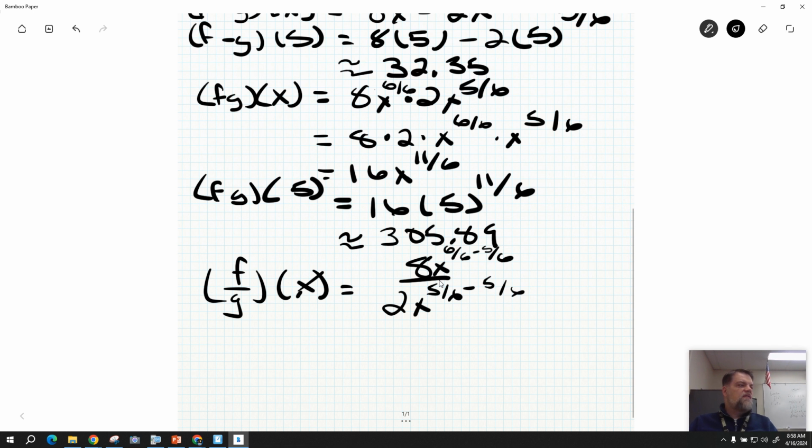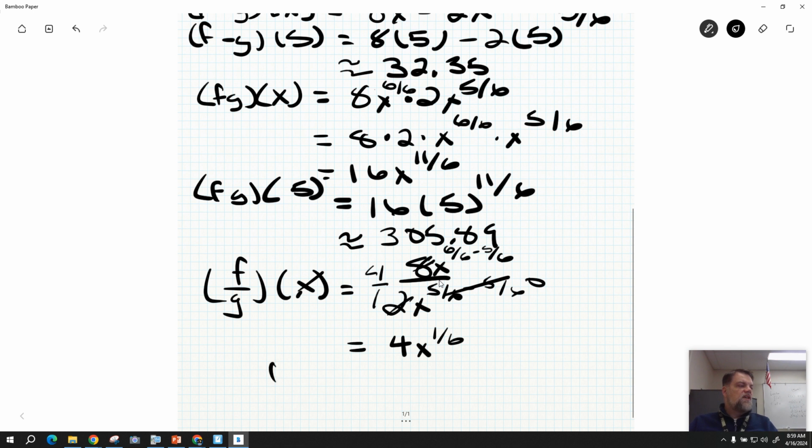Also, what's 8 divided by 2? 4. So this goes away because 5/6 minus 5/6 is 0. X to the 0 is 1. So this whole thing becomes 1 because 8 divided by 2 is 4 over 1. And so I'm left with 4 times x raised to the 6/6 minus 5/6, which is just 1/6.